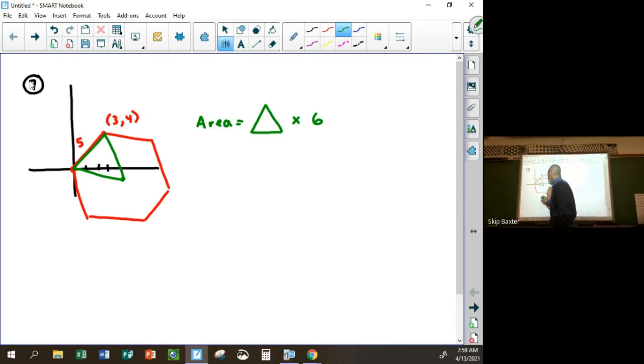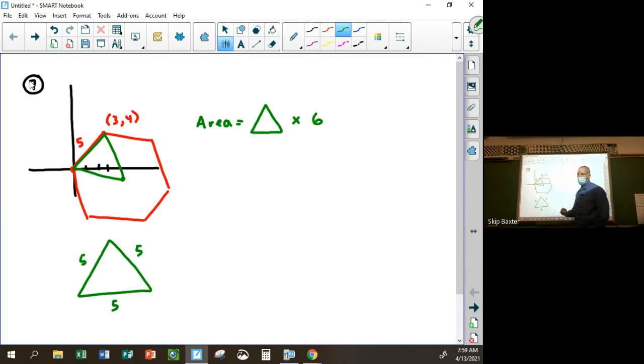So if you think about this green triangle right here, side length 5, it actually is equilateral, so all the sides have length 5. And if you were to try and calculate its height, you could use the properties of 30, 60, 90 triangles. This is 2.5 or 5 halves. This is also 2.5 or 5 halves.